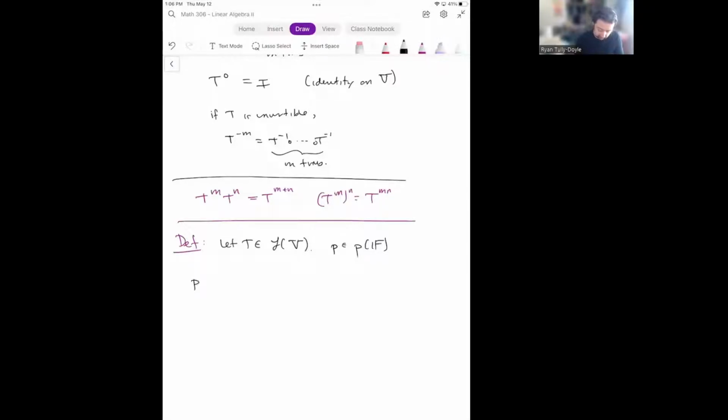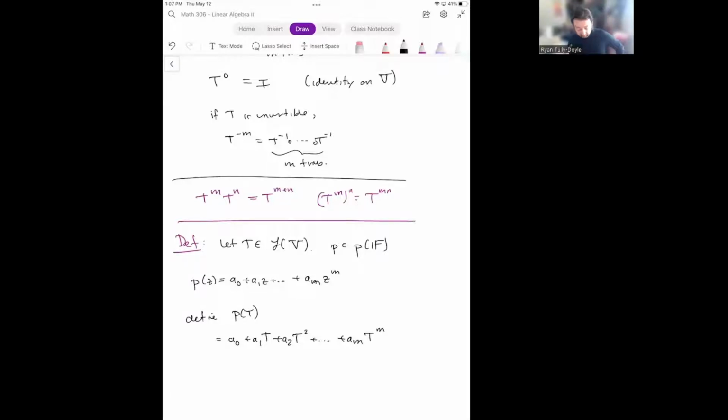And let's suppose that p has the form p(z) = a_0 + a_1 z out to a_m z^m. Then we can define p(T) for the operator T to be equal to a_0 I + a_1 T + a_2 T^2 out to a_m T^m.